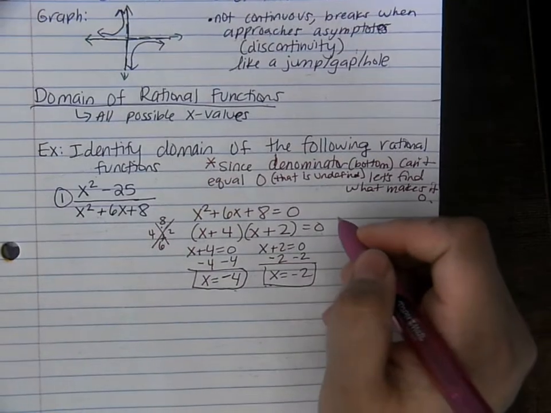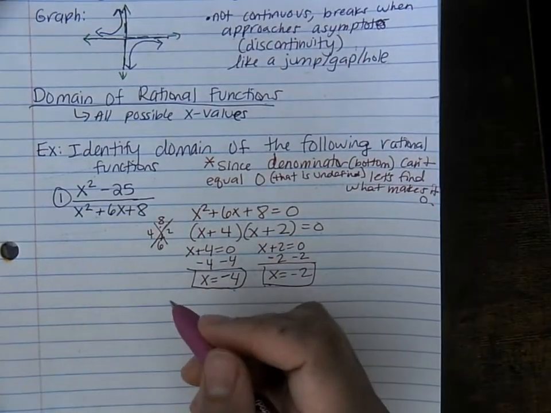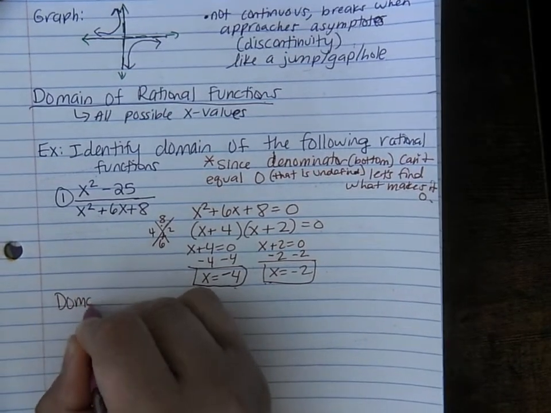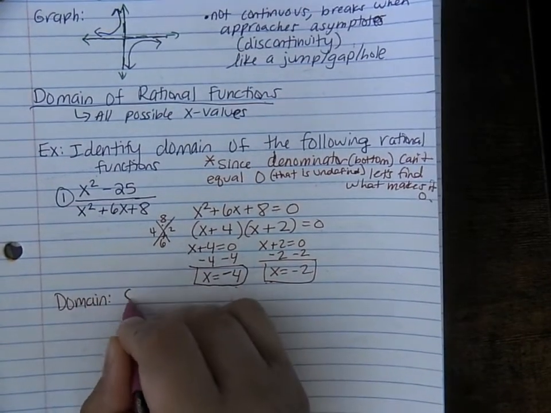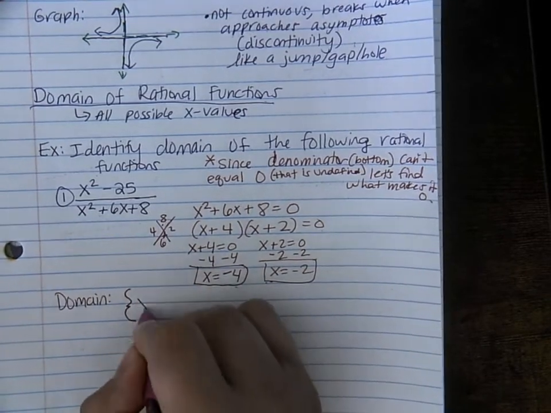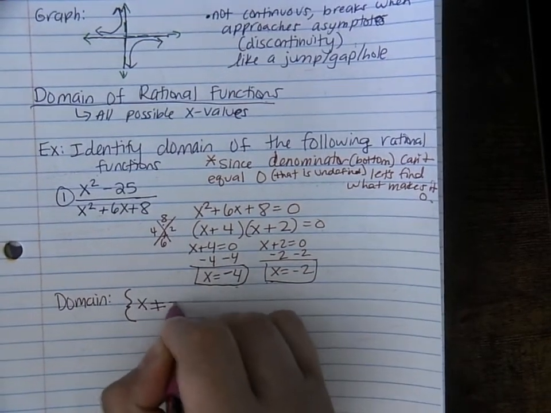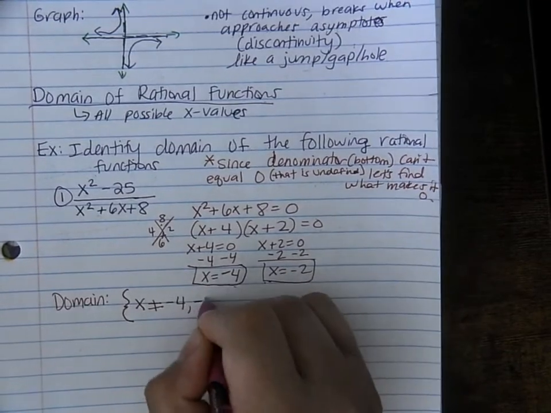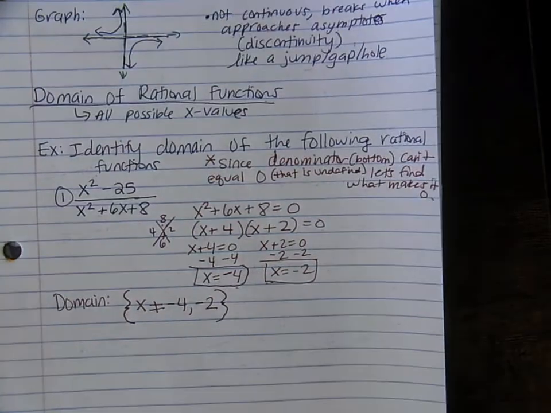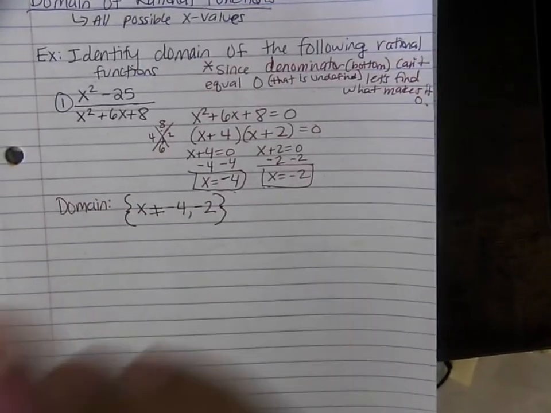And so here's how we write what that means. Let's go ahead and write down our domain. This is the notation that's used. It's this little curly bracket, and then you write down what x can't equal. -4, a comma, and then -2, and then you close that curly bracket up. So it kind of looks like that.